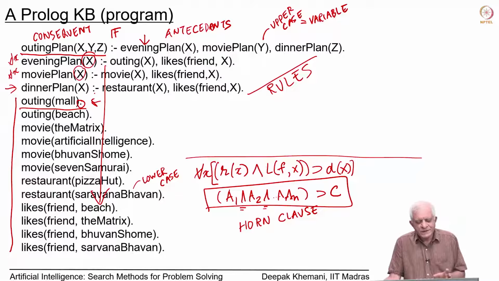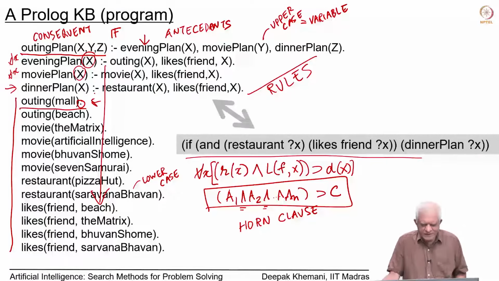So, Prolog does reasoning in first order logic, or to be more precise, it does reasoning with a subset of first order logic, which is the Horn clause subset, and it implements backward chaining. The search strategy is depth first search essentially in the goal tree.